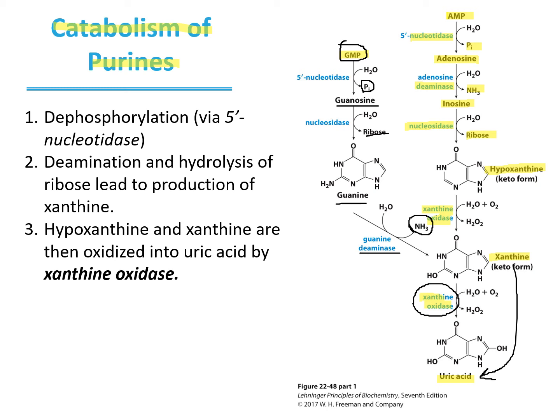And from the xanthine, it's the same reaction as in the case of AMP, xanthine into uric acid with the help of xanthine oxidase enzyme. And this is the most important enzyme of this pathway, basically, that you have to memorize.